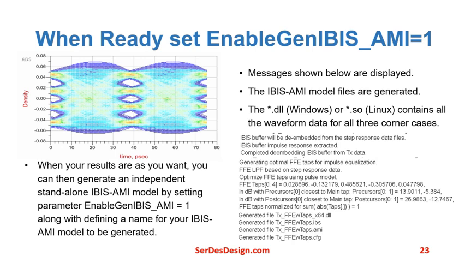The messages shown below are displayed in the Channel Simulator message panel. The IBIS-AMI models are generated. This includes the DLL file for Windows or the SO file for Linux, and these contain the encoded waveform data for all 3 corner cases.